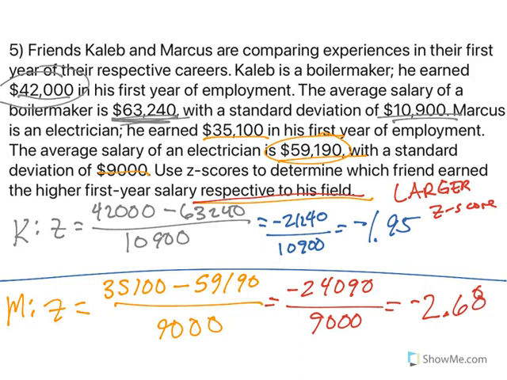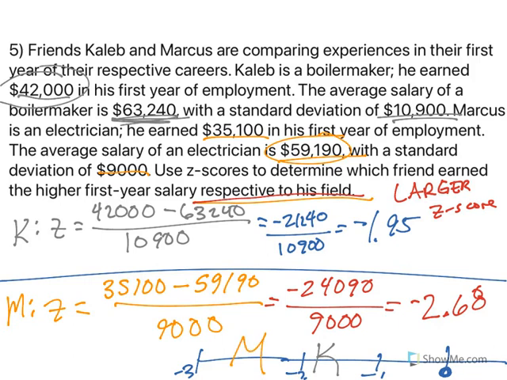They're both negative. Which one of those is a bigger number? And if negatives bother you, that's fine. There's nothing wrong with that. Think about a number line. If this is 0, as you go negative, we have negative 1, negative 2, negative 3. So Caleb is at negative 1.95, which is here. Marcus is between 2 and 3, so over here.